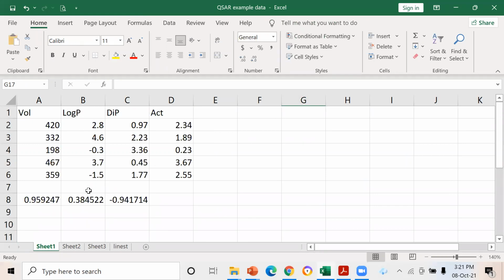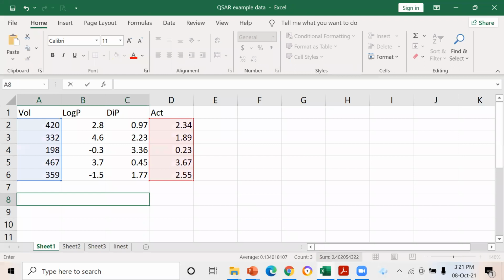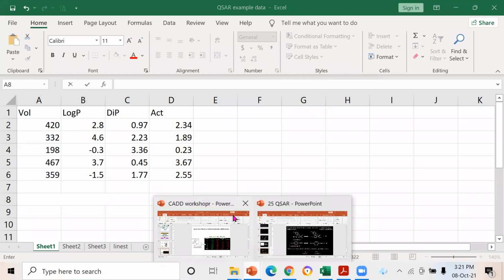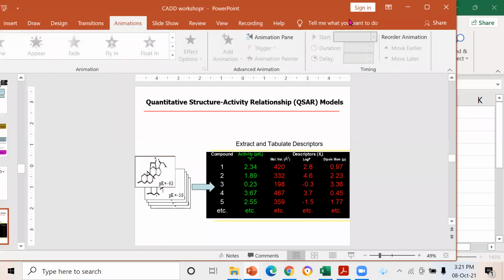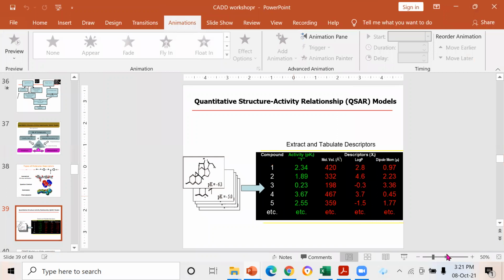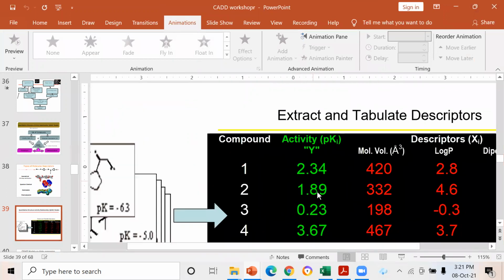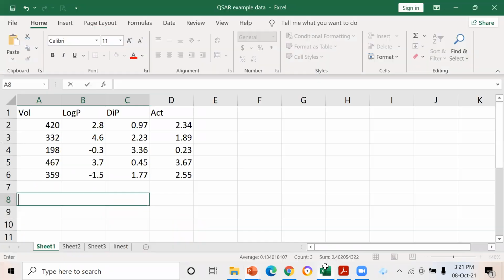Okay, so what I did was I put the data in Excel. All the data I have put in: 2.34 activity, 1.89, 0.236, all these things. So you can see it in Excel also.